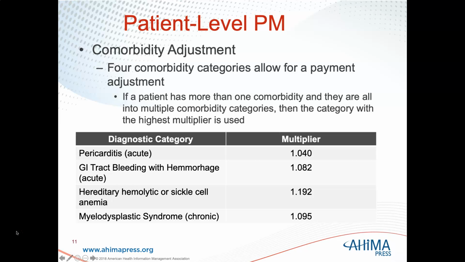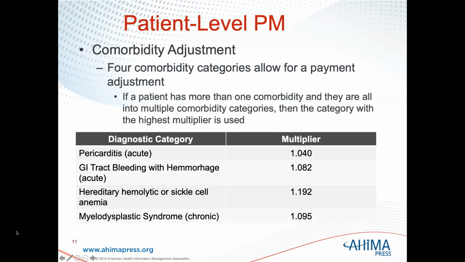So going into the comorbidity adjustment, there are 4 comorbidity categories that allow for a payment adjustment. And if a patient has more than one comorbidity, they fall into multiple comorbidity categories, then the category with the highest multiplier is used. So some examples are pericarditis, GI tract bleeding with hemorrhage, hereditary hemolytic or sickle cell anemia, myelodysplastic syndrome.